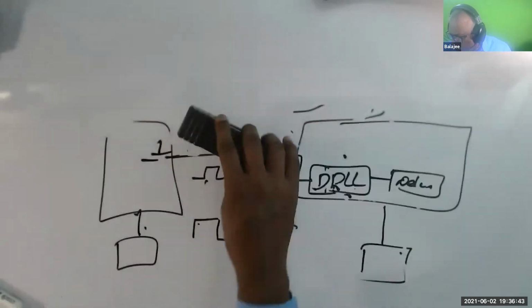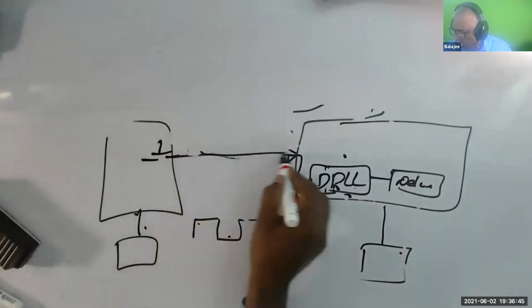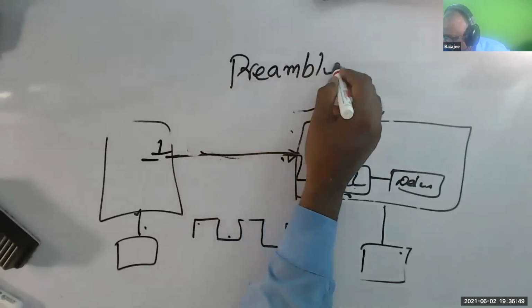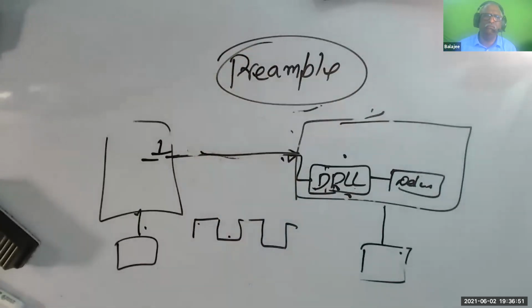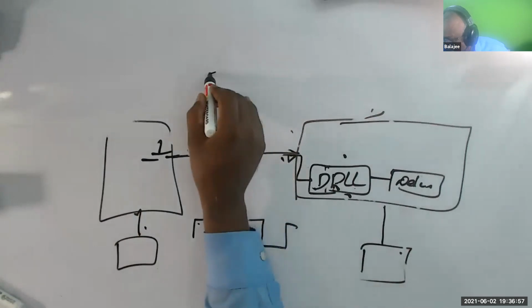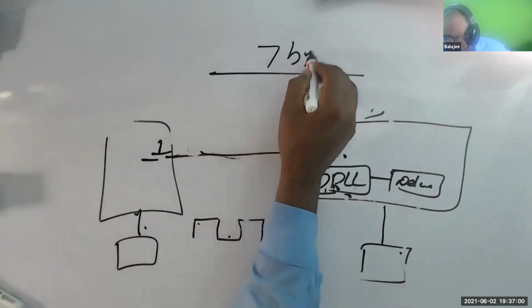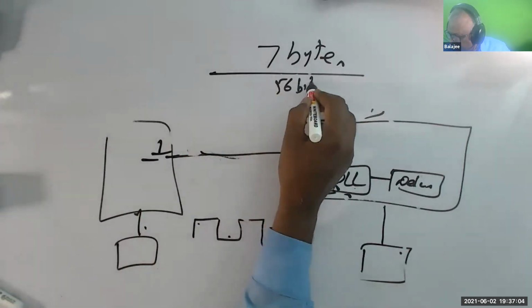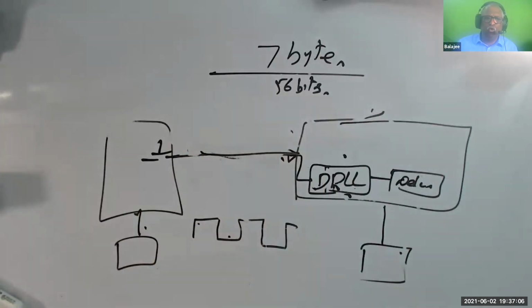You know what this is called? Since I sent it before the data, I call this a preamble. That is, I transmit 7 bytes, that is 56 bits. So the initial 7 bytes are waste.